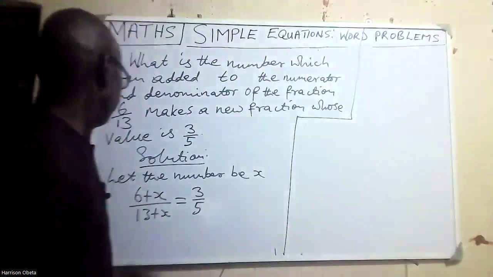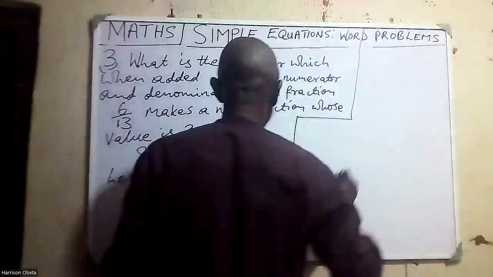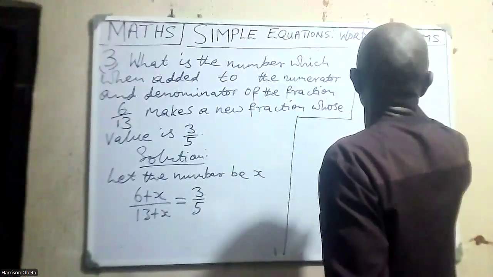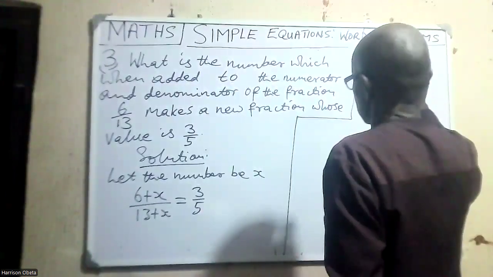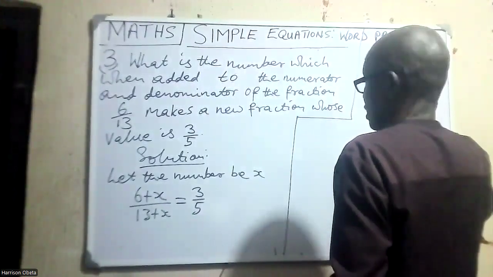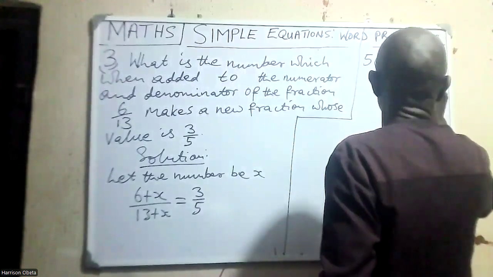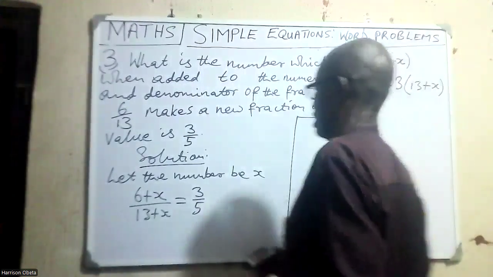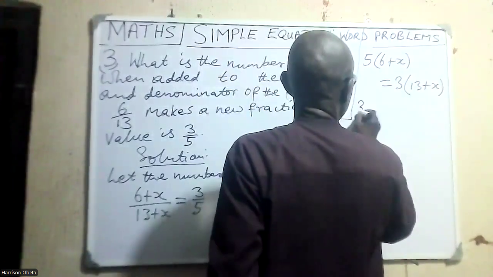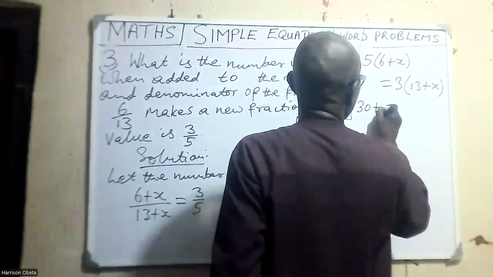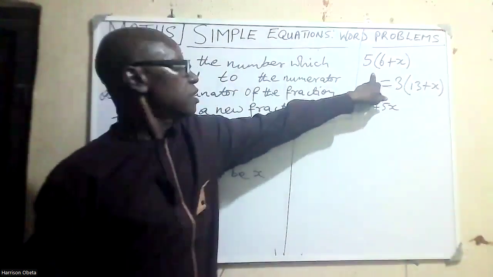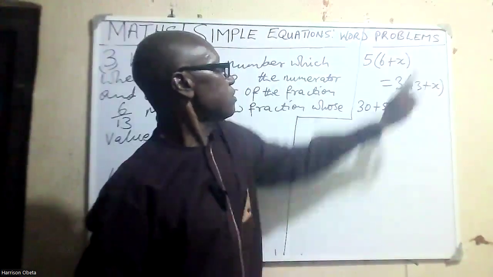Cross multiply. And then from here we have 5 brackets 6 plus x is equal to 3 brackets 13 plus x. And that is multiplied. So that will give us 30 plus 5x for this side. 5 times this, 5 times this.